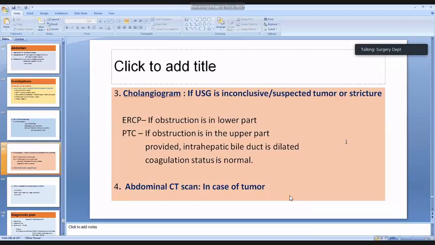And further it can be evaluated, if there is a problem in the lower part, by ERCP, if the problem is in the upper part, by PTC. Sometimes in case of tumor, it is further evaluated by abdominal CT scan to see its area of involvement, its extension, and the condition of the other abdominal organs.